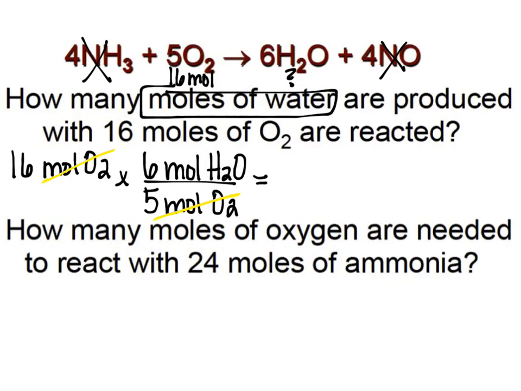Our moles of O2 will divide each other out. And now we're ready to multiply everything on top. So 16 times 6. Multiply everything on bottom, and all we have is a 5. And do the math, and what do you get? I should see people punching numbers in. 96.